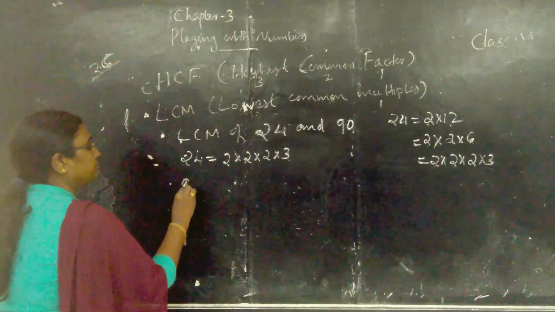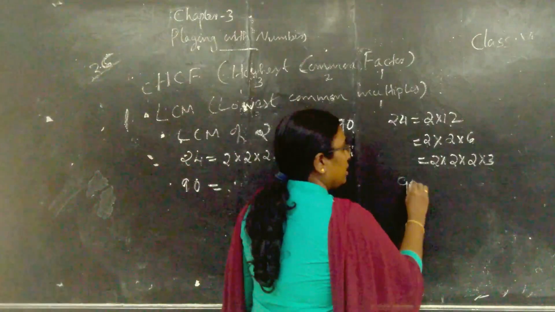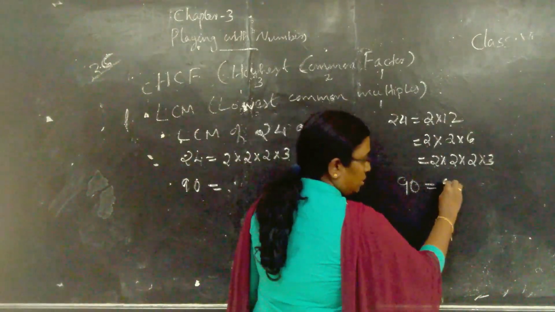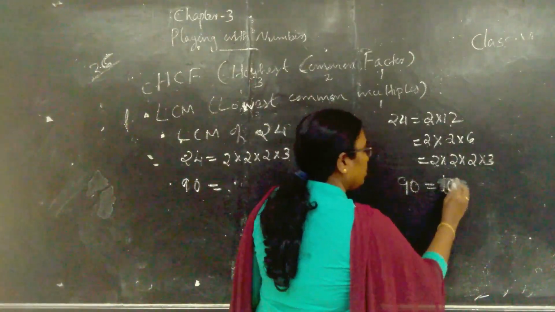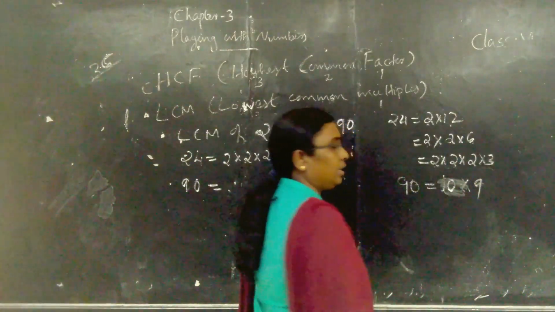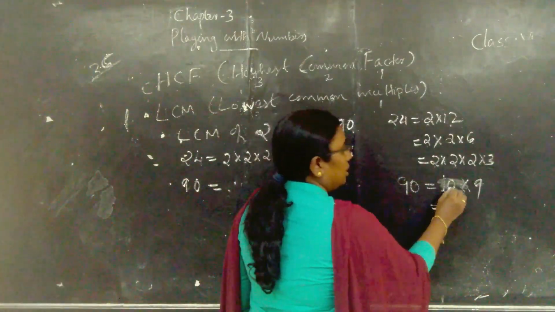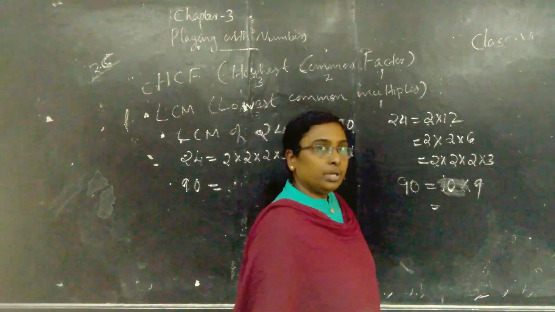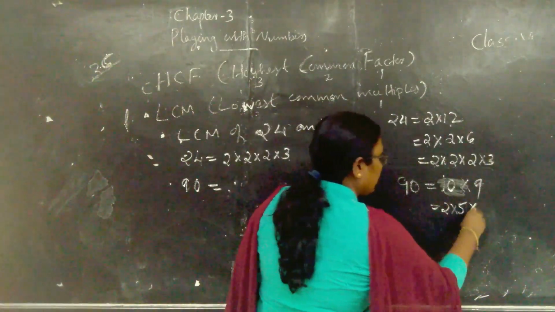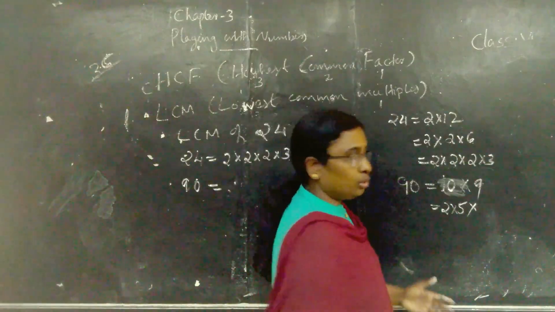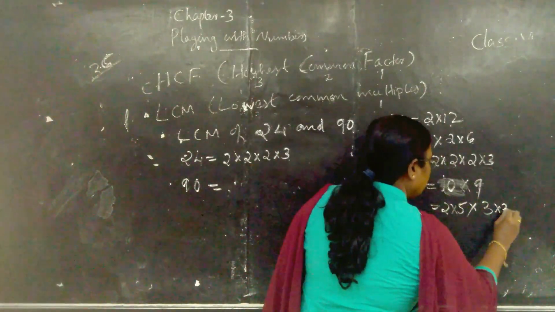Then 90. 90 equal to 10 into 9. 10 is not a prime number, so 10 is 2 into 5. 9 is not a prime number, so 9 equal to 3 into 3.